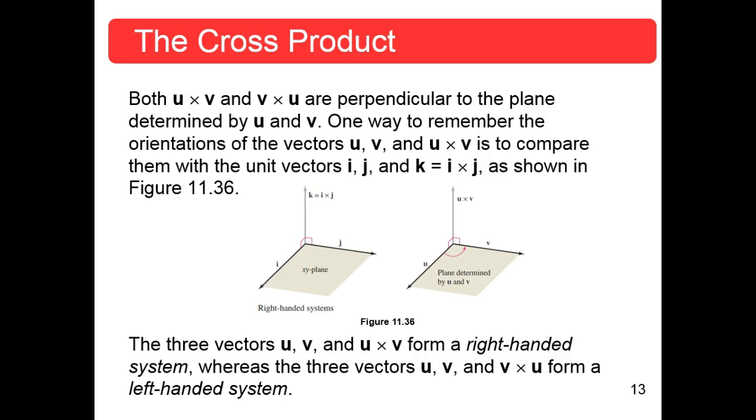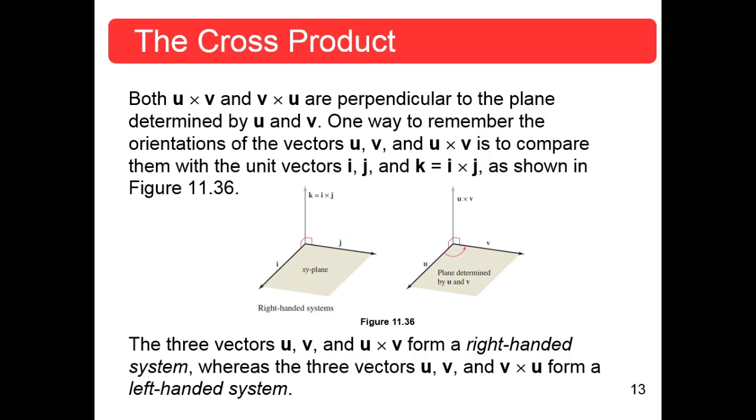But we know they are not the same. If you have two vectors anywhere in space, they are going to define a plane, just like two points will define a line, as long as they're not the same two points.